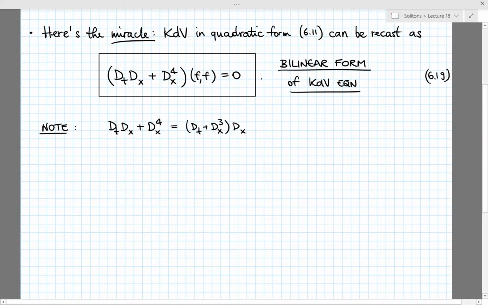And the comment is that it's not an accident that these Hirota derivatives appear. The reason is that, first let's look at Dt plus Dx cubed. If we replace the Hirota derivatives by partial derivatives, the partial derivative with respect to t plus the partial derivative with respect to x 3 times is nothing but the differential operator which appears in the linearized KdV equation.